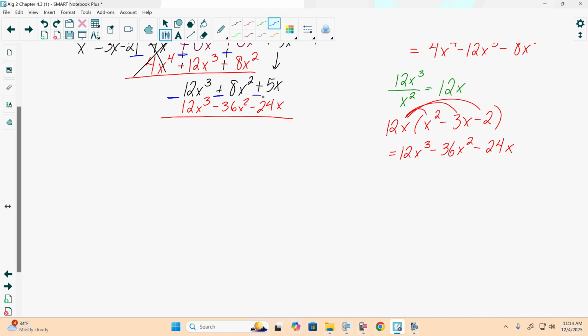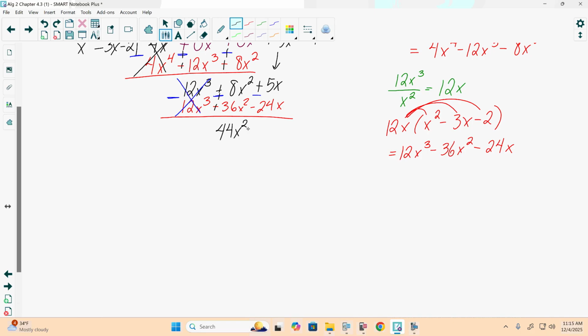And just like the last few, there's a good chance this is going to have a remainder. 12x cubed minus 12x cubed, 0. 8 minus negative 36, positive, giving us 44x squared.